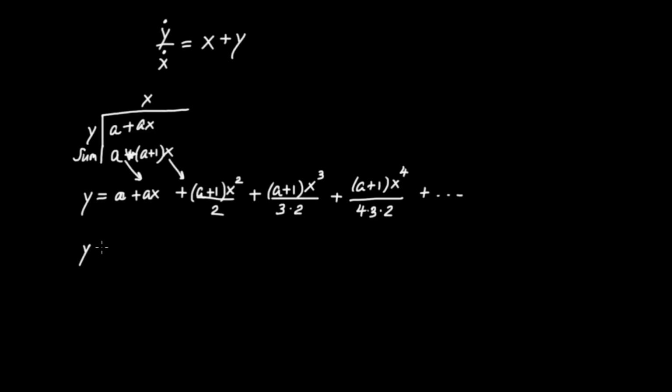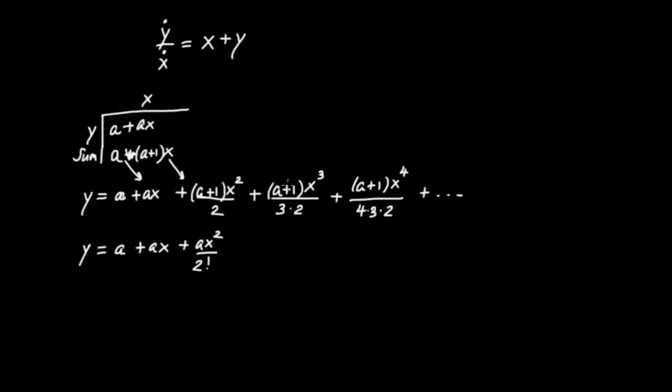I'm going to have y is equal to a plus ax, but now I'm going to distribute all of these terms that contain the a plus 1 there. I'm going to write one copy as ax squared over 2 factorial. I'm allowed to do that because 2 factorial is the same as 2. That's when I distribute a to x squared.